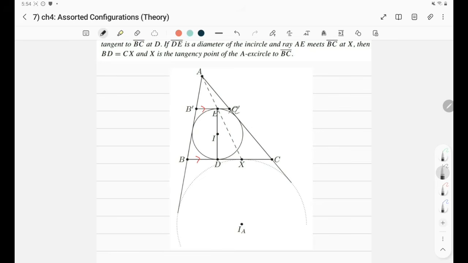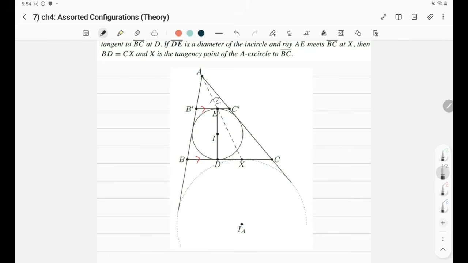And hence it's the same homothety that we're working with. And that means that point E, which is basically the touch point of the circle with the side, will also go to the touch point between the excircle and the side, which is X. So basically they are collinear.